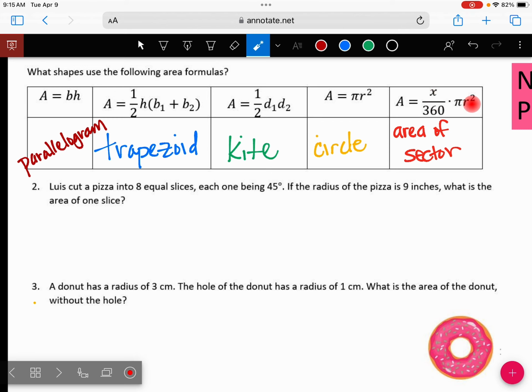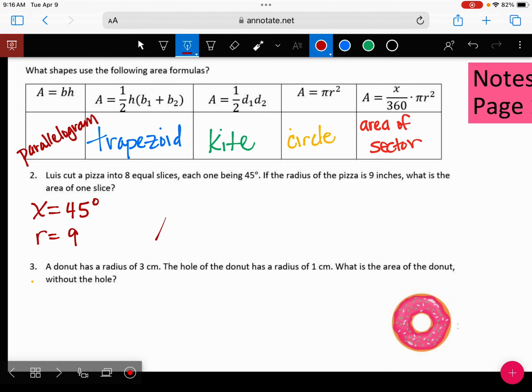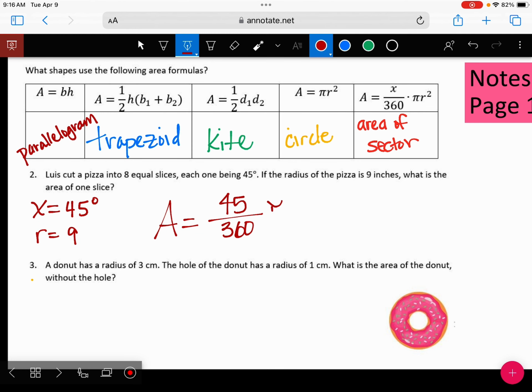We need to know the angle, and we need to know the radius. So the angle of our slice is 45 degrees, and the radius of the pizza is 9. So A equals 45 over 360 times pi r squared. Go ahead, type that in.